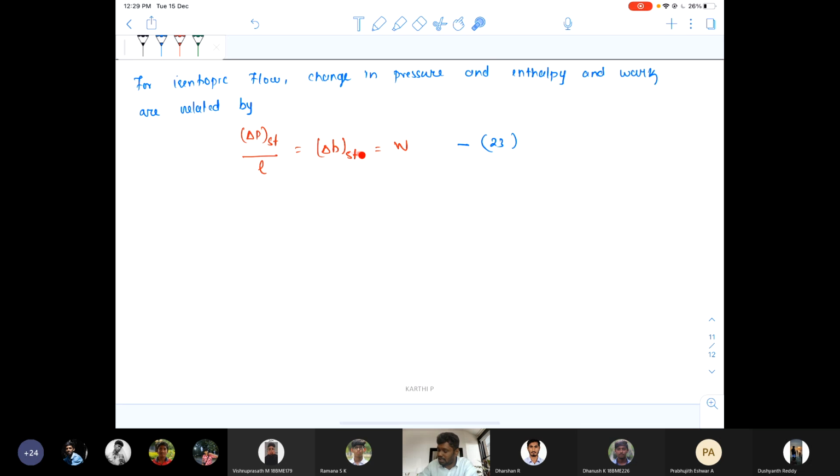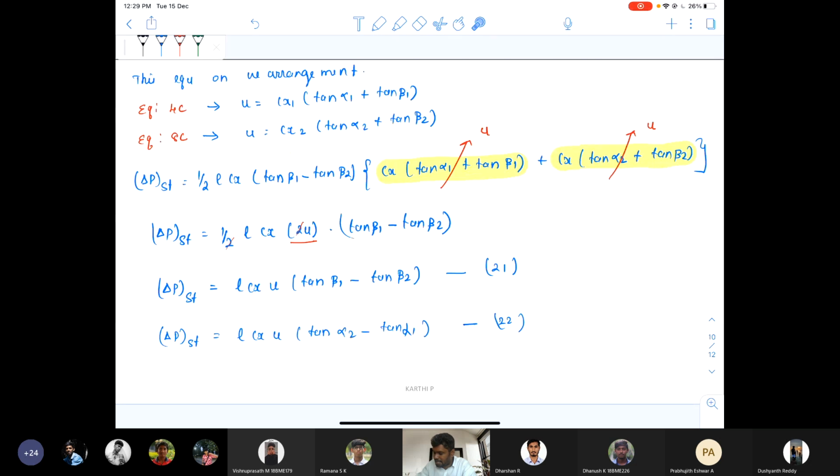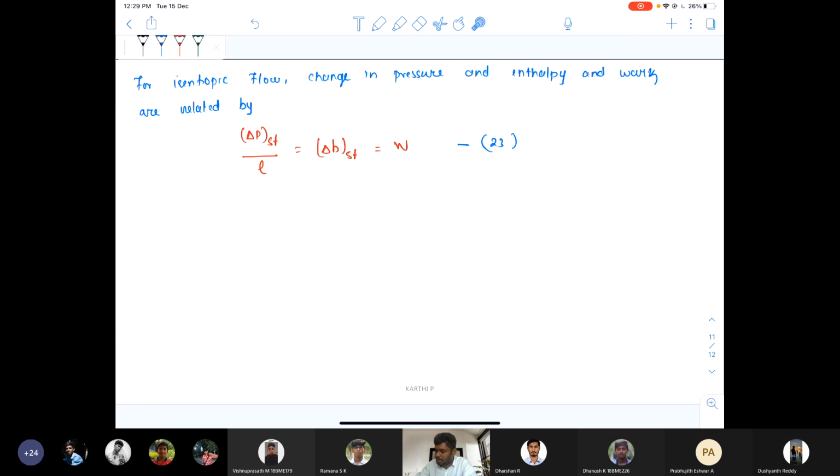This is how that equation has been arrived. Therefore the total static pressure rise is given by these two equations, that is equation number 21 and 22. And for an isentropic flow, the change in pressure, enthalpy and work are related by this equation.